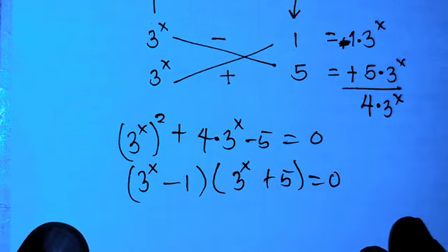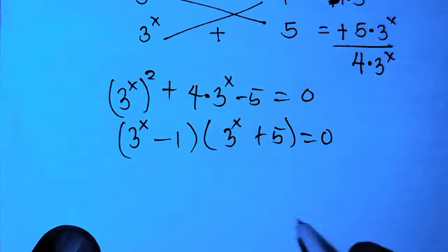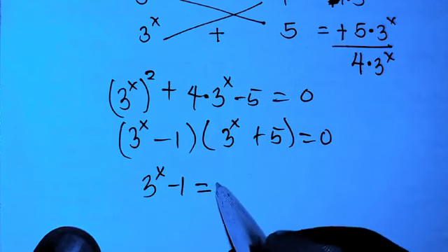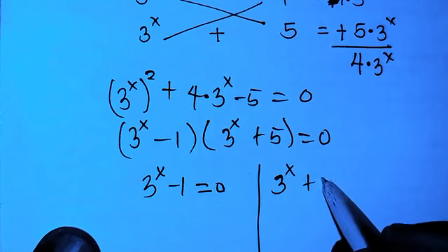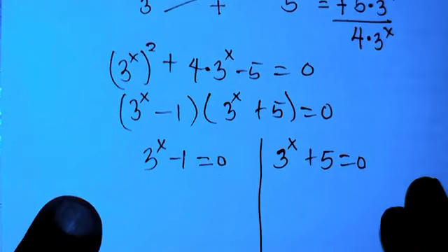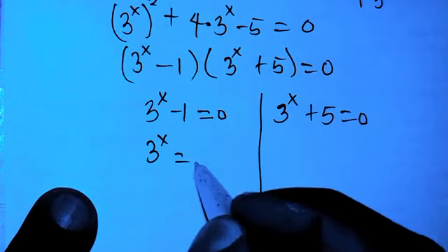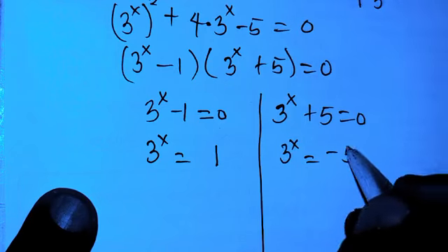You can see that we have these two products, so this is either 3 to the power x minus 1 equals 0, or 3 to the power of x plus 5 equals 0. Now from here, 3 to the power of x equals 1, and 3 to the power of x equals minus 5.